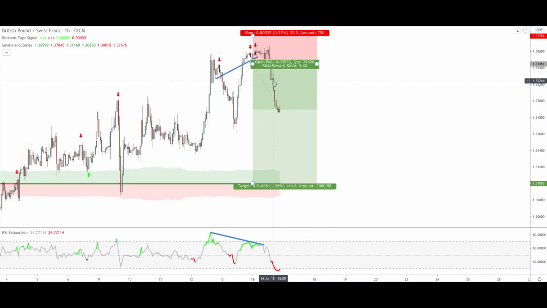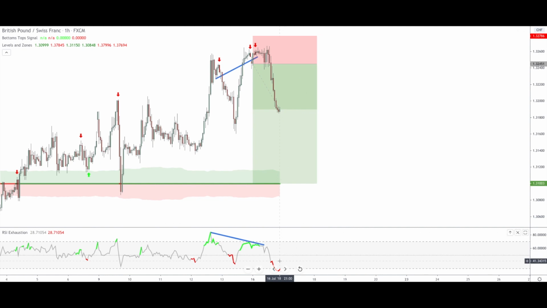The price has kept moving quite rapidly to the downside, and then it looks like it's slowing down here. But I see that the RSI Exhaustion is now oversold and exhausted as well. So this is a good indication that the price is going down and it is sustained by the RSI in this run down.